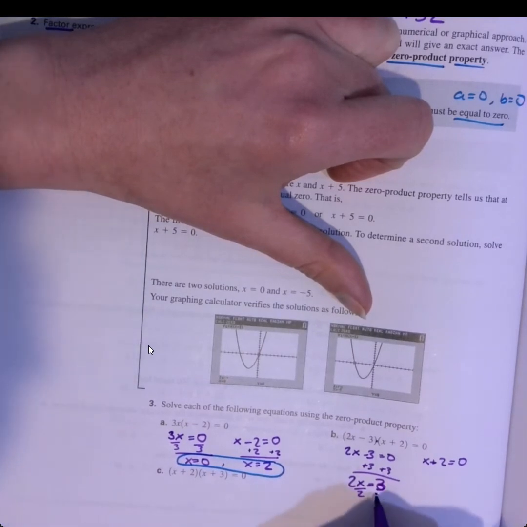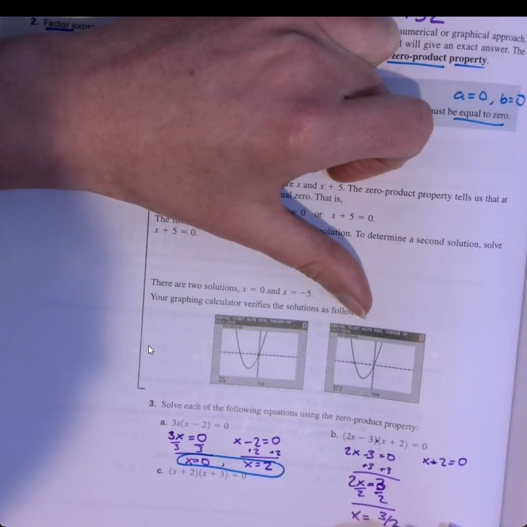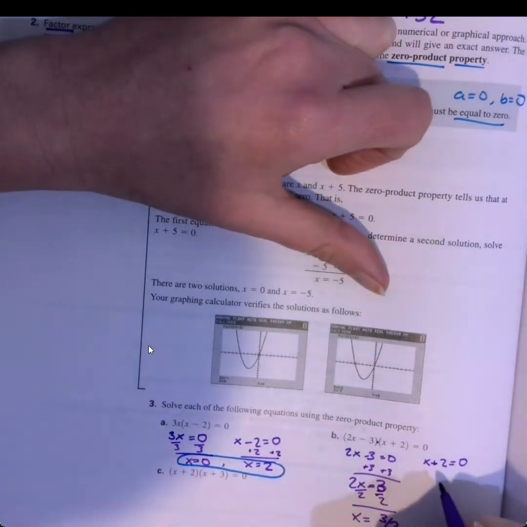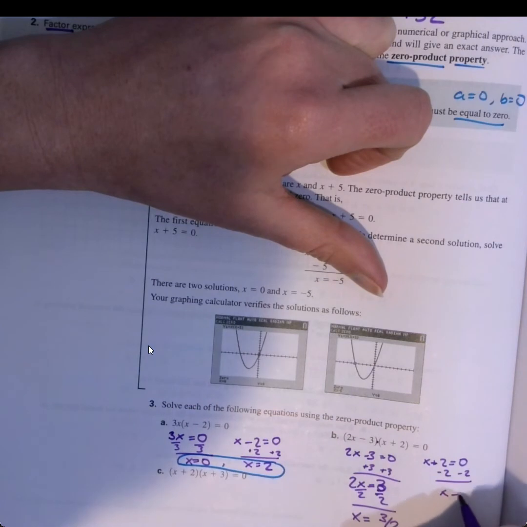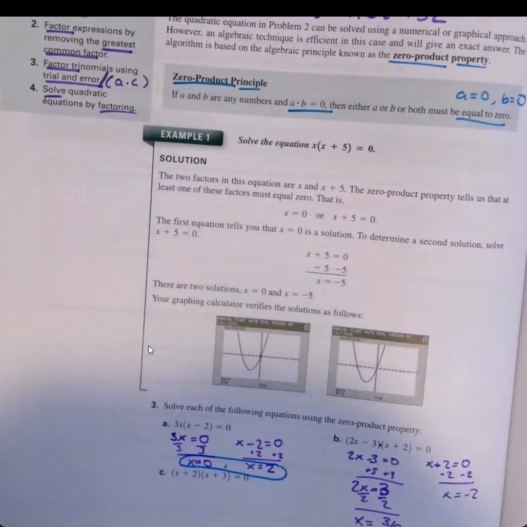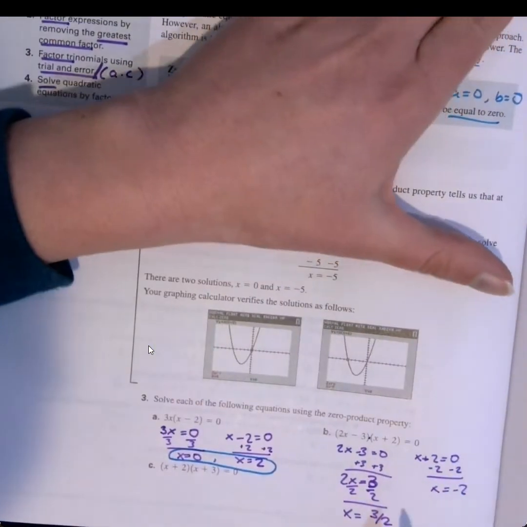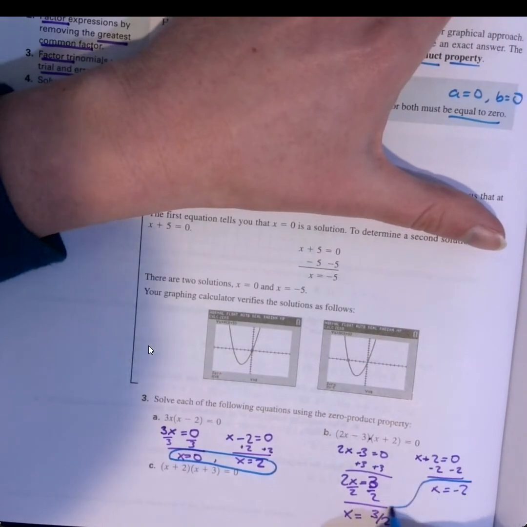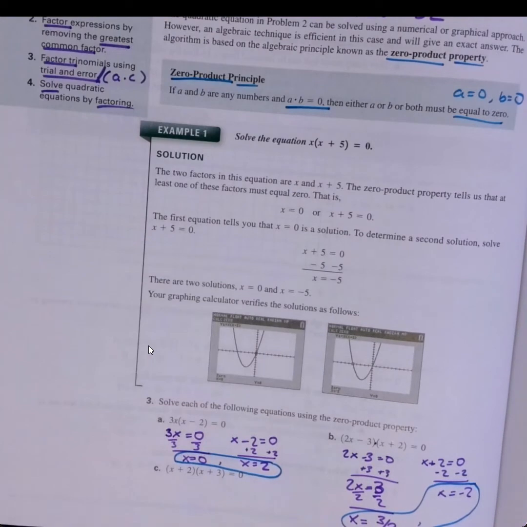And then I can divide both sides by 2. 2 divided by 2 is 1, so that's 1x equals 3 divided by 2. If you prefer to write that as 1.5, go ahead. Since it's not repeating, you can do the decimal if you want, or leave it as the fraction. So again, two answers. We'll have x equals 3 halves and x equals negative 2 for our two solutions.